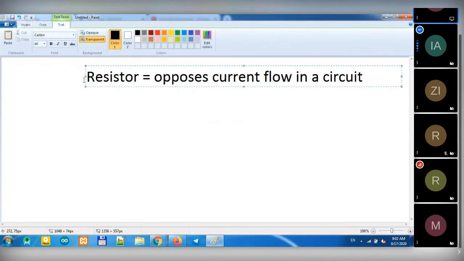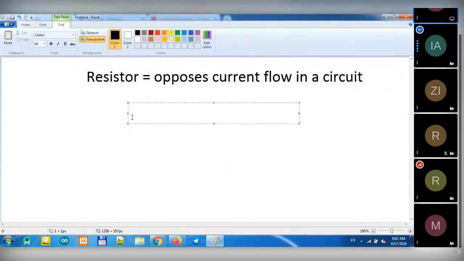You understand the current, right? Let me give you an example. If you have a 1 amp current and you put a resistor, let's draw the resistor.